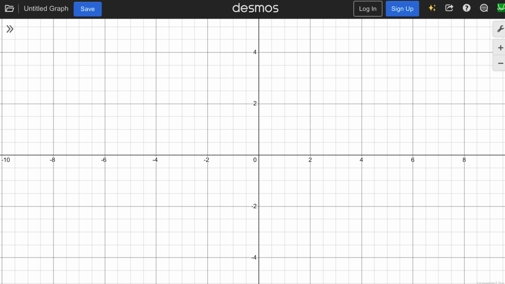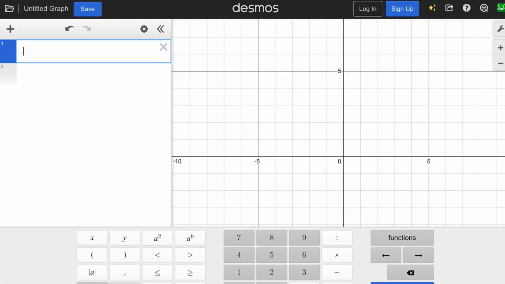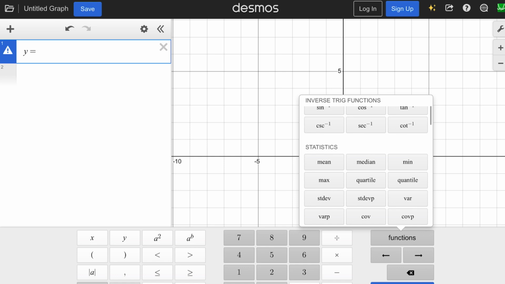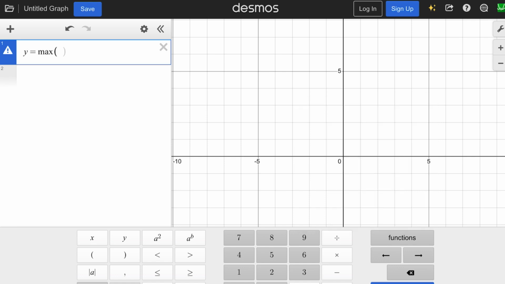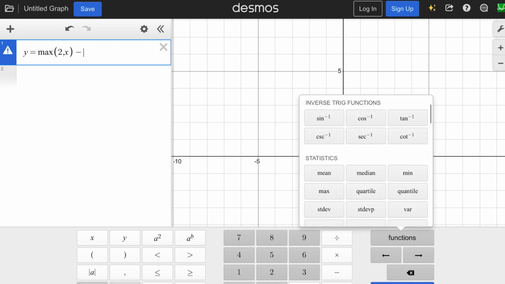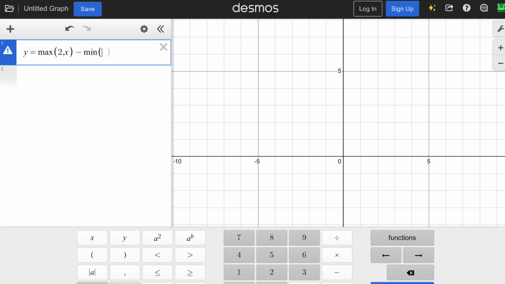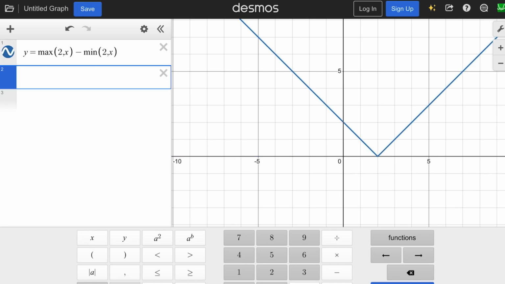Now we'll plot the entire thing and see how the graphs look as a confirmation. The first graph is y is equal to maximum of 2 comma x minus minimum of the same 2 comma x. And this is exactly what we drew, so we are on the right track.